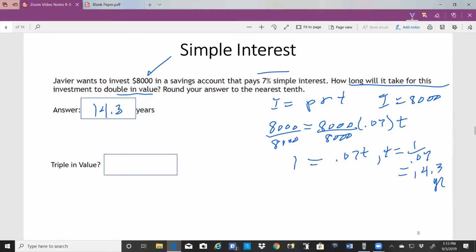Now, could somebody tell me how we would set this up if you wanted it to triple in value? How much interest would you have to have to triple in value? Don't everybody talk at once.